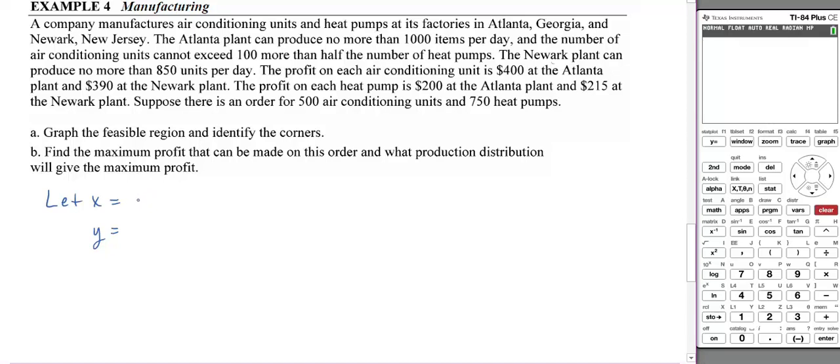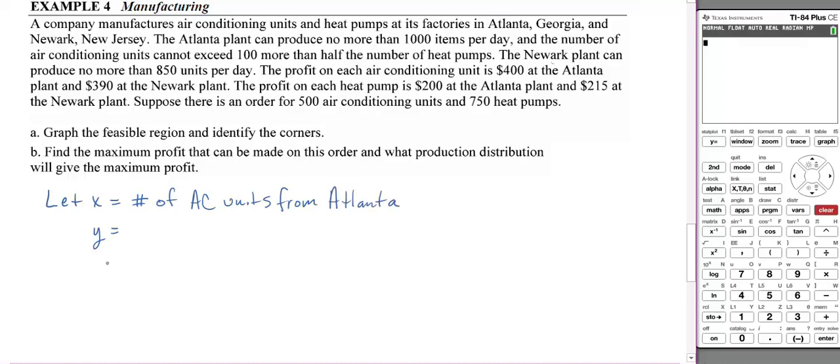We're going to let x equal the number of units, and we need to say AC units, number of AC units that are going to be coming from the Atlanta plant.